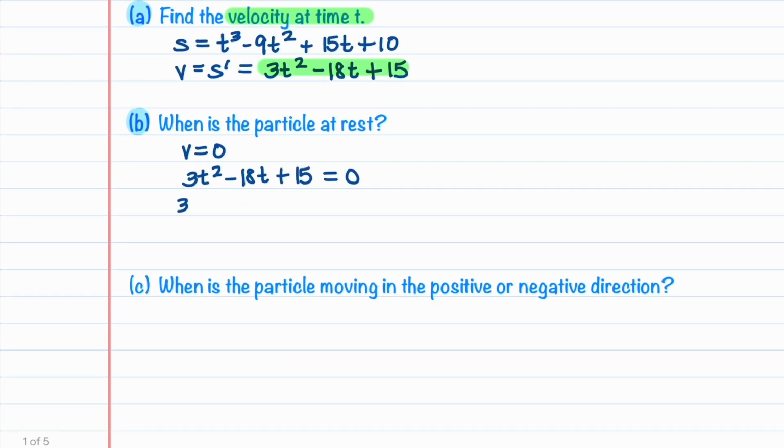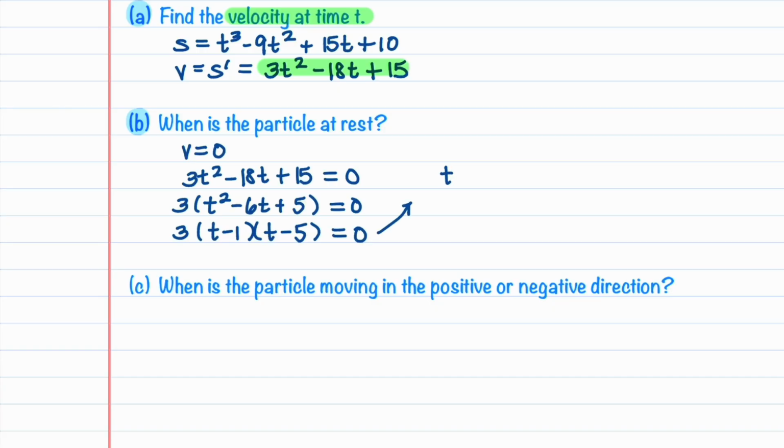Let's pull out a 3 and see what we have. We have t^2 - 6t + 5 equal to 0. We can factor that. This gives us 3 times (t - 1) times (t - 5), and that's equal to 0.